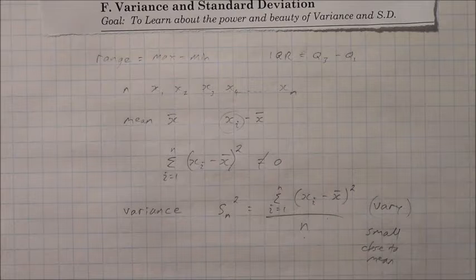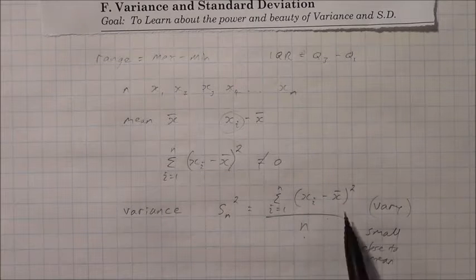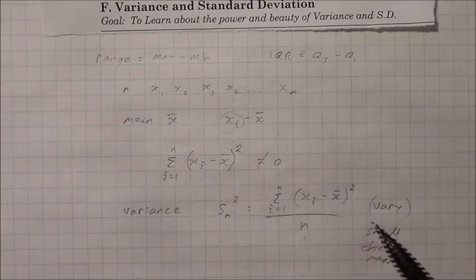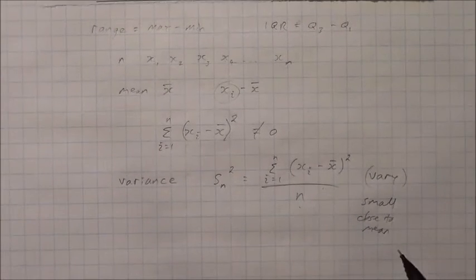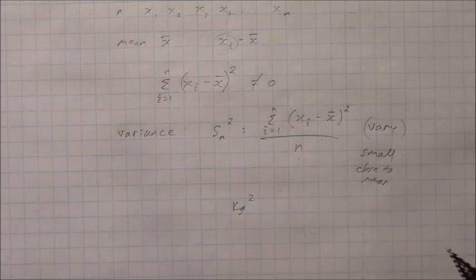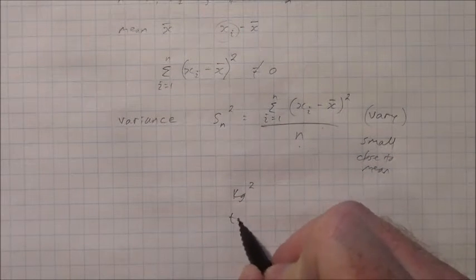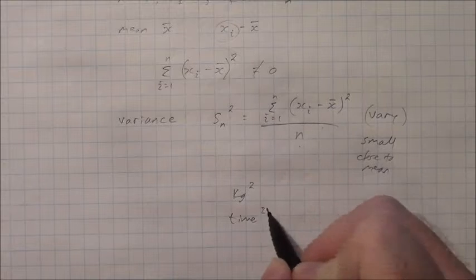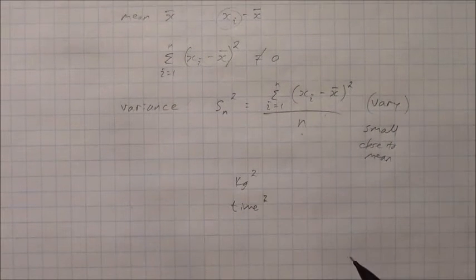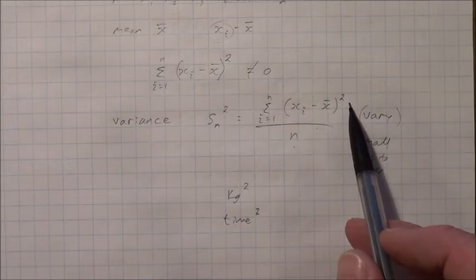Now the only problem is, depending on the units that we're using, we could get some sort of units, say kilograms squared, or times squared, etc. And some of these units may not make sense after we square this.